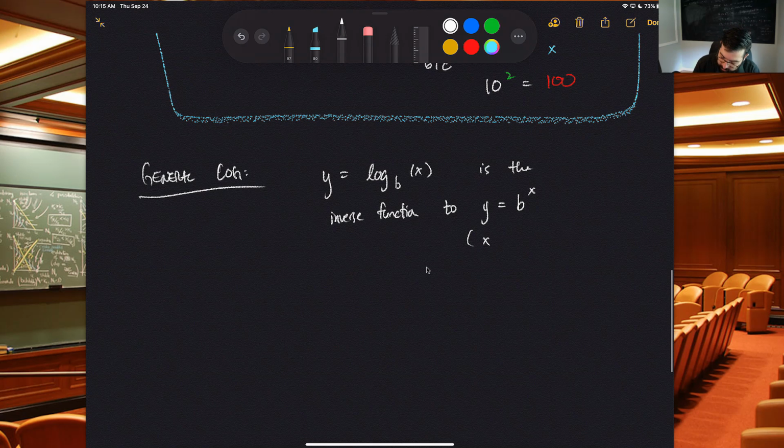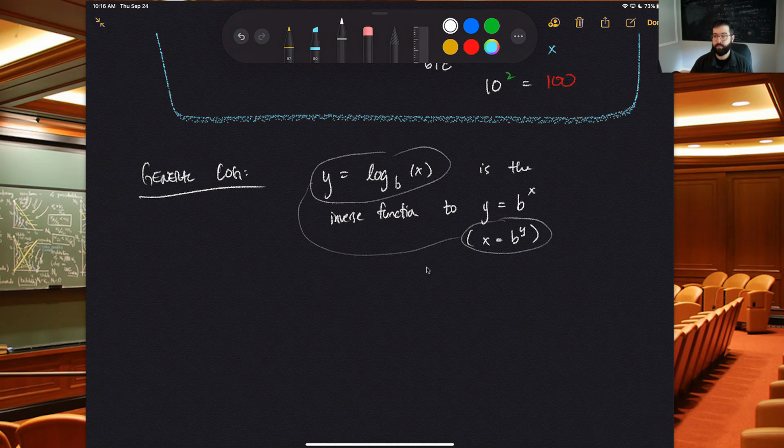Another way you could think about it is, we usually don't write it this way, but it can be helpful to see that this is really connected to this, because the input is the output, since they're inverse functions. We'll have some more discussion of inverse functions later on, but for now, just knowing that switching the inputs and outputs is how you get an inverse function is fine. It's a little bit more complicated than that, but not by much. So this is for a general logarithm of base b.